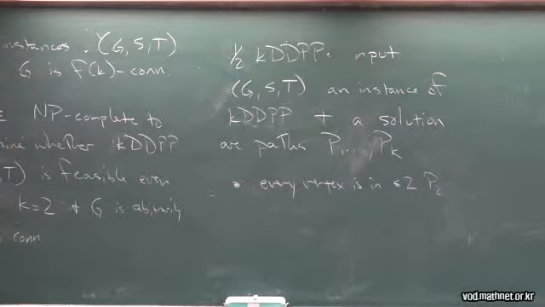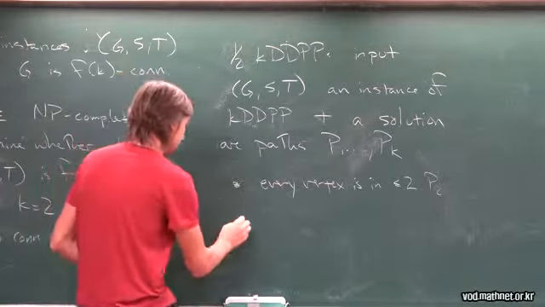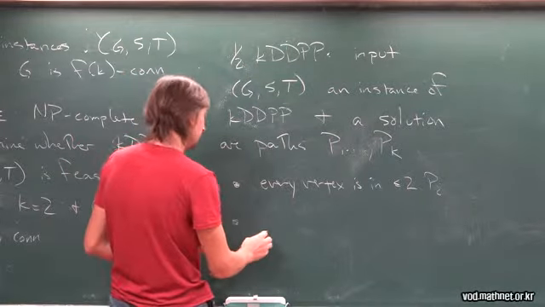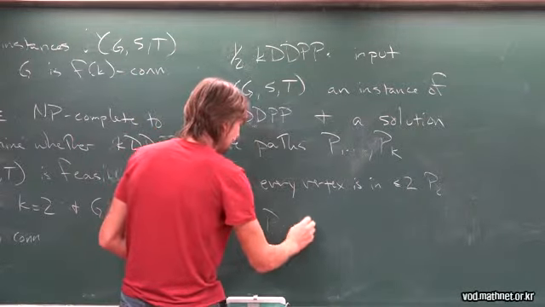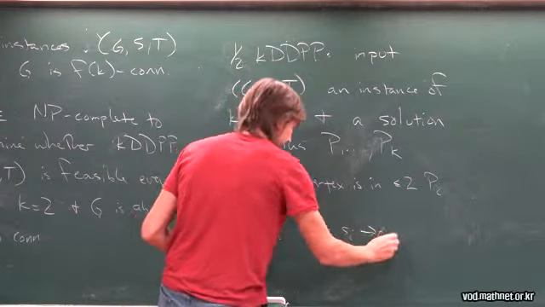So they're not pairwise disjoint now, they're allowed to overlap at a vertex, but at most two of them are allowed to overlap on any given vertex. And again, the usual thing, Pi links Si to Ti.